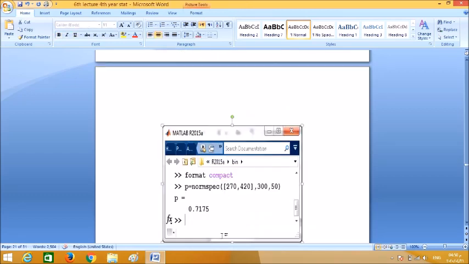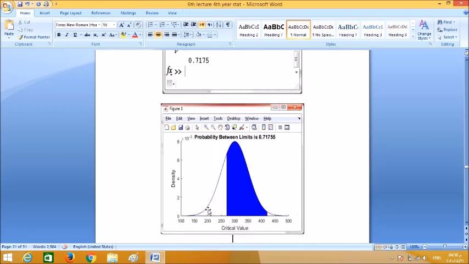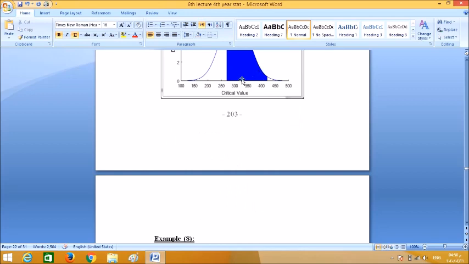By MATLAB, the limits will be 270 and 420, and mu equal 300, sigma equal 50, then the probability equals 0.71. And this is the shape or the area under the distribution.